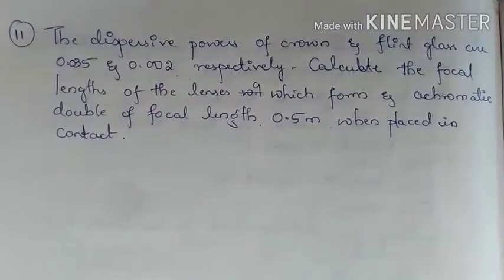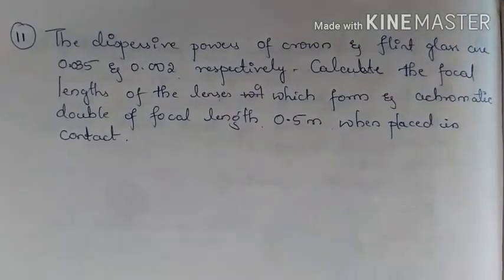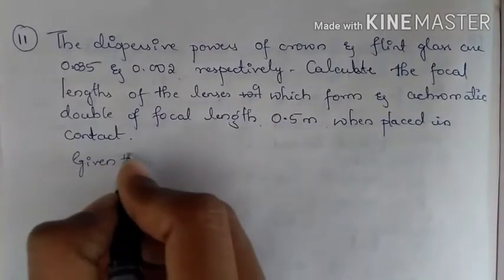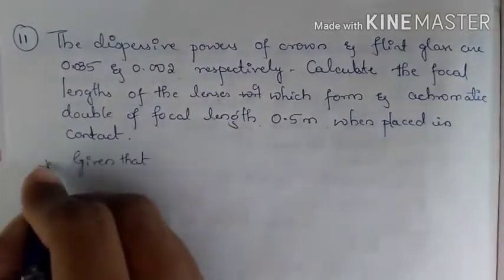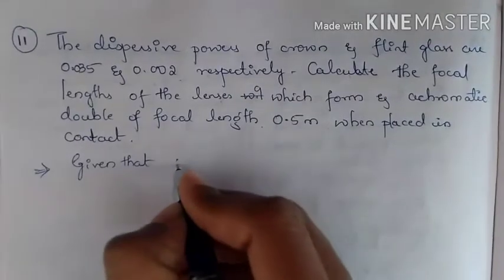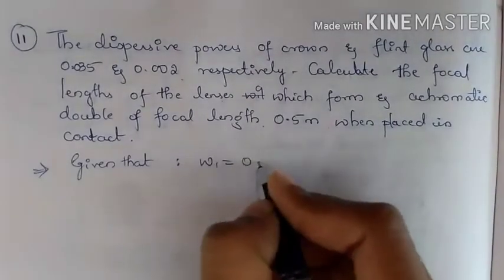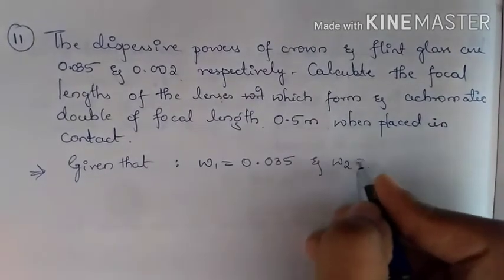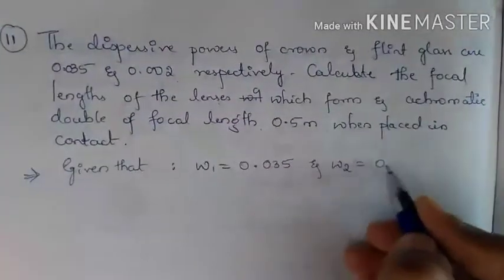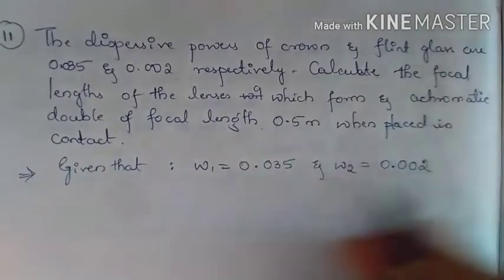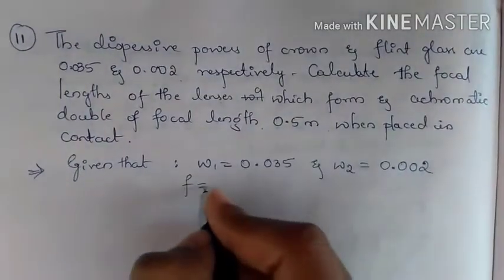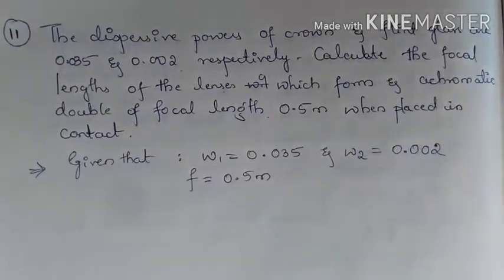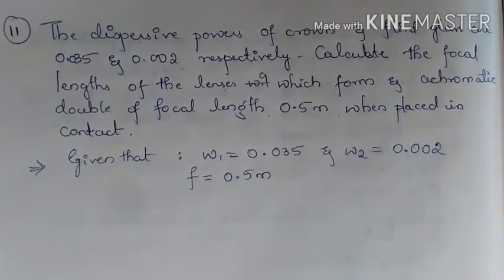Now let us find the focal lengths. Given that omega 1 is equal to 0.035 and omega 2 is equal to 0.002. Now f is equal to 0.5 meters. So what will be the condition for achromatism for two lenses kept in contact?